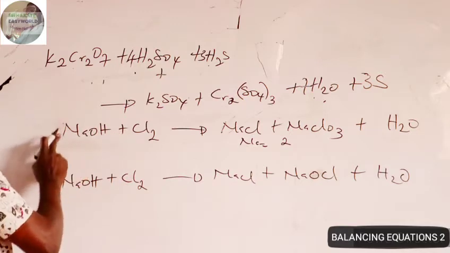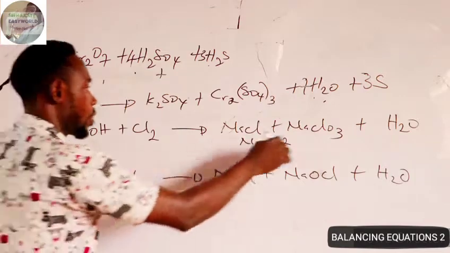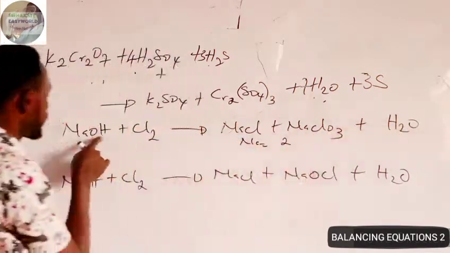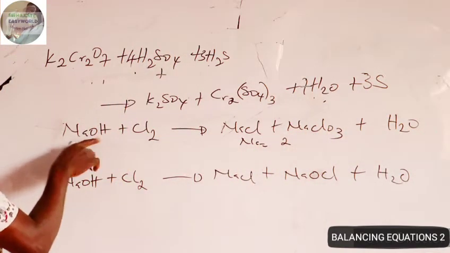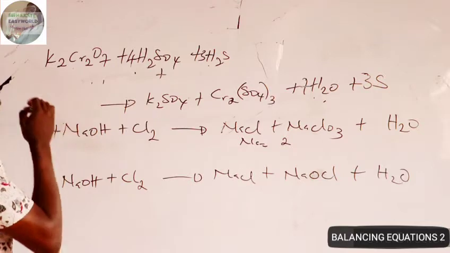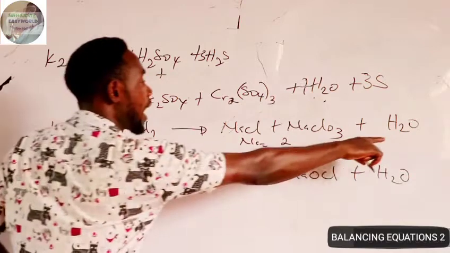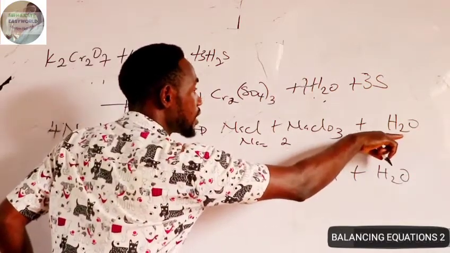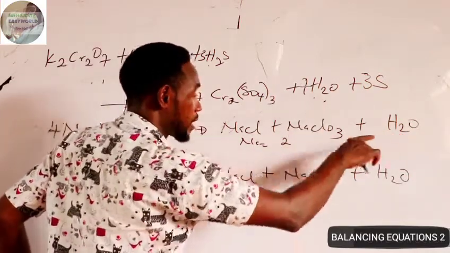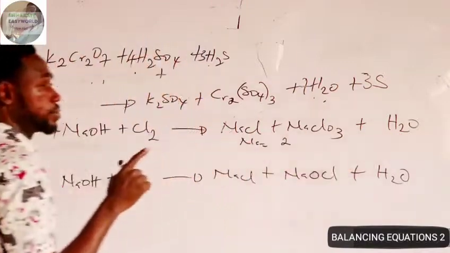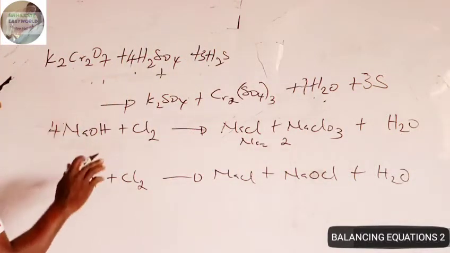So, I said 4 will start this. How? Because oxygen is 3 plus 1, and this is the only species bearing oxygen, which means I have to try 4. But if 4 refuses to balance this equation, I won't try 5 because there is nothing I will multiply by 2 to give me 5, which means I will use an even number. So let's go with 4.